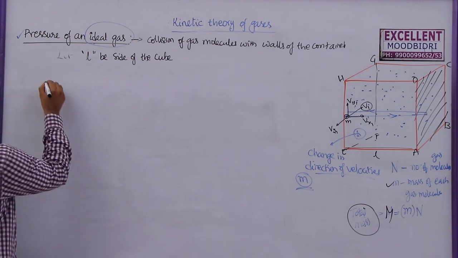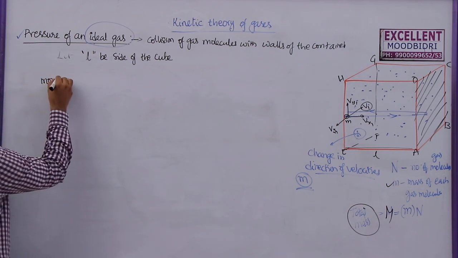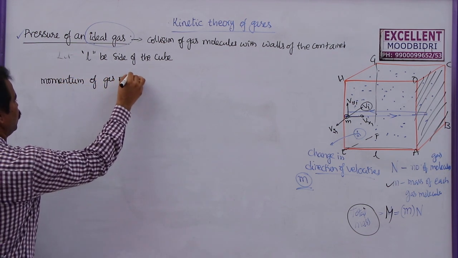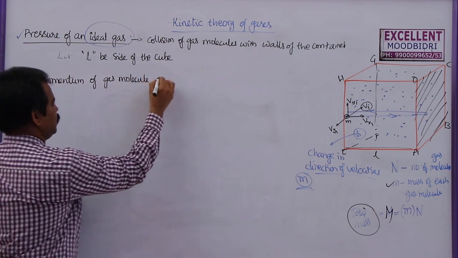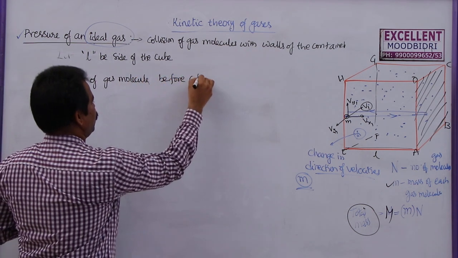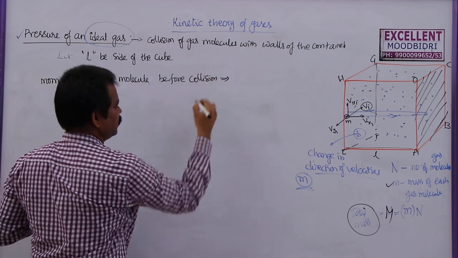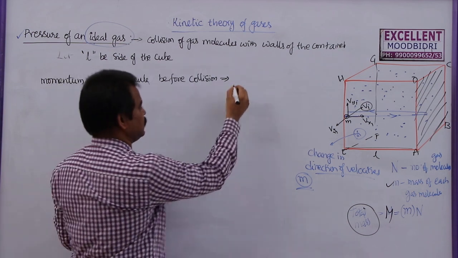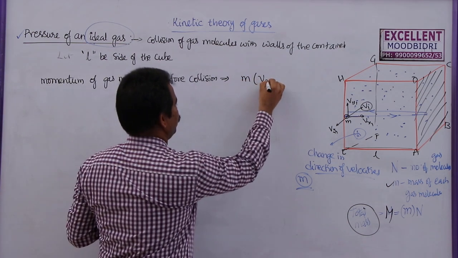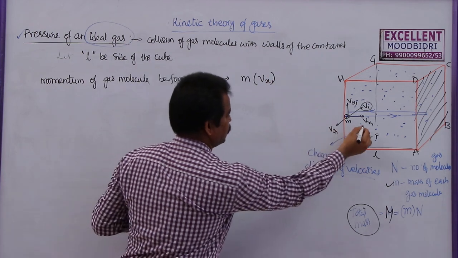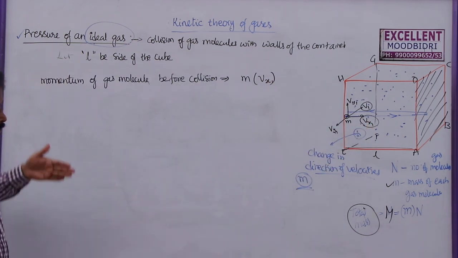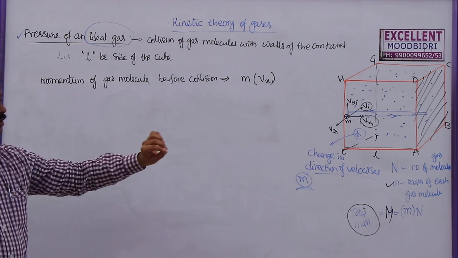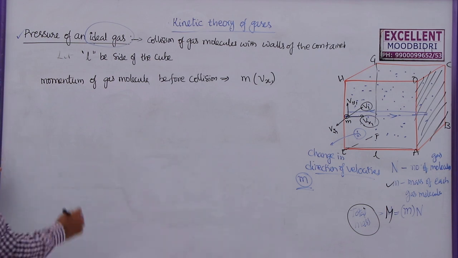Now, what is the momentum of this particle? Momentum of the gas molecule before collision. Momentum is nothing but mass into velocity. I am considering only the velocity along the x-axis. So this is m into vx1 because I am taking the first particle. After collision, as it is an elastic collision, the velocity direction will change, but the magnitude of velocity never changes.